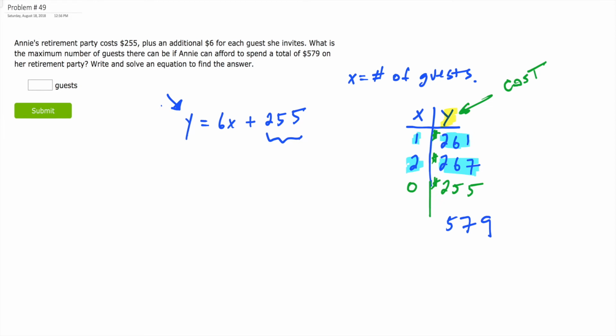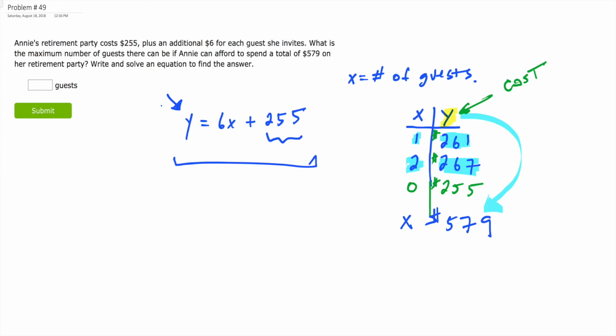Do you see what I just did? All right. So then they want to find out the x that corresponds to that, and we can plug all that in right here. See this y right here? They want this y. They're saying make this y 579. Just watch. I said, what's the equation?